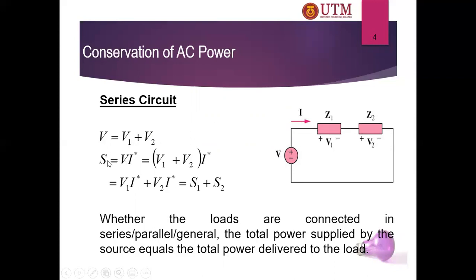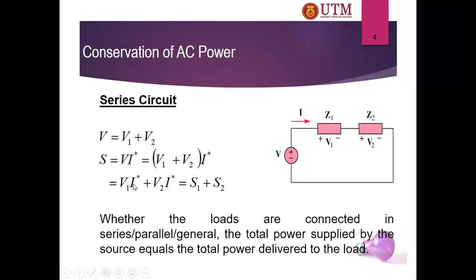And we know that the complex power for the source can be computed using the voltage source multiplied by the conjugate of the source current. We have already derived that this voltage is equal to V1 plus V2, so we expand this equation to have V1 plus V2 multiplied by I conjugate, and when we expand again, we will see that we have two terms.